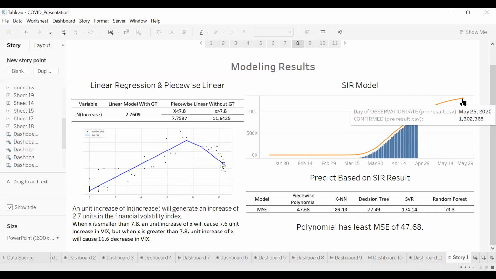And there is the MSE for the different models, and the piecewise polynomial model has the least MSE. So I choose three of them to do the prediction.